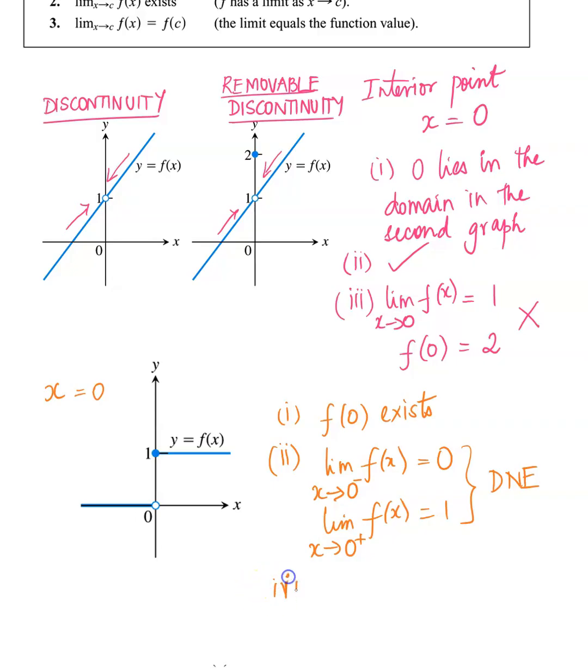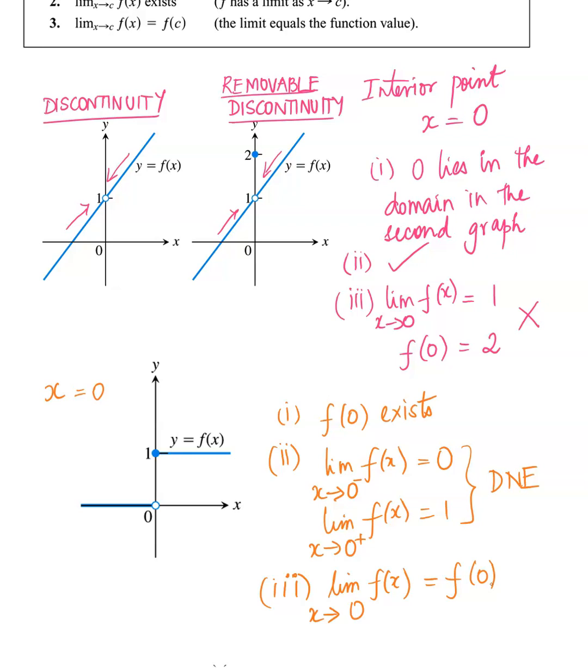Nevertheless, we'll check the third condition. Even if the third condition holds true, it still has failed because the second condition did not hold true. The third condition would be: this limit of f of x as x approaches 0 must be equal to f of 0.